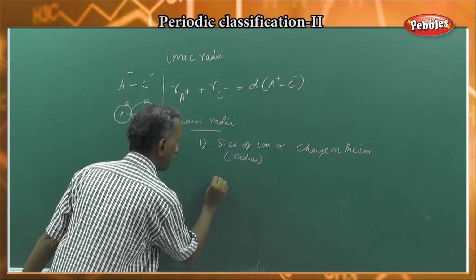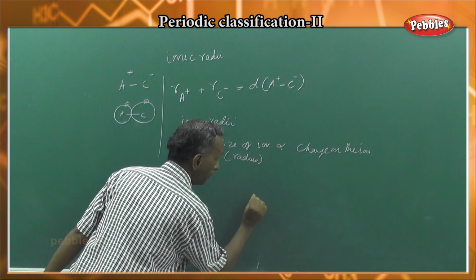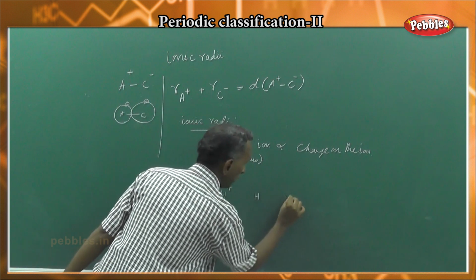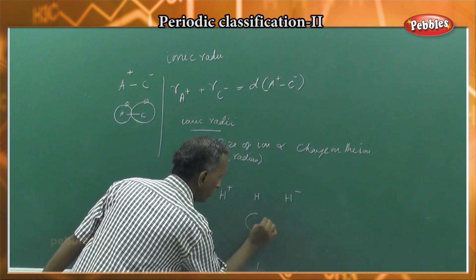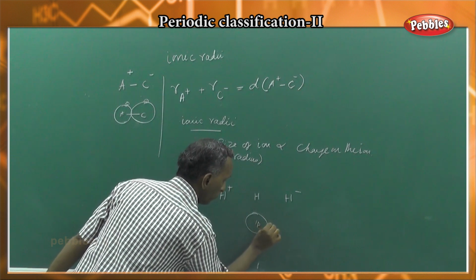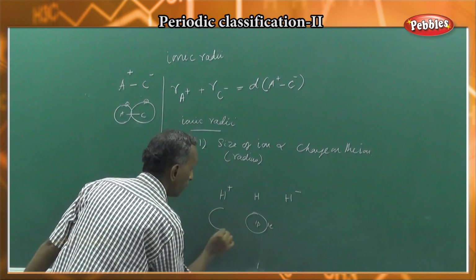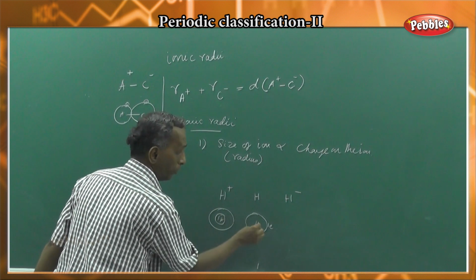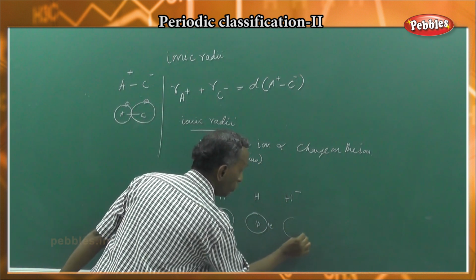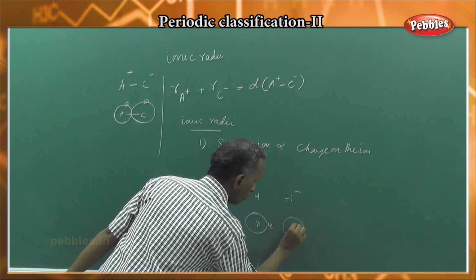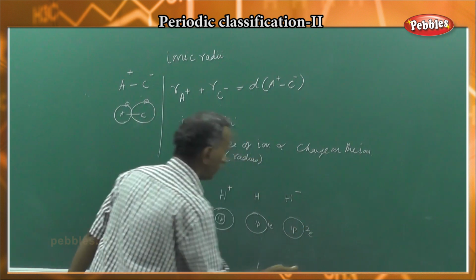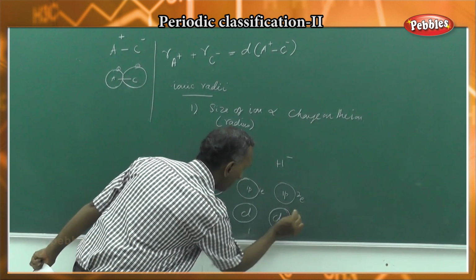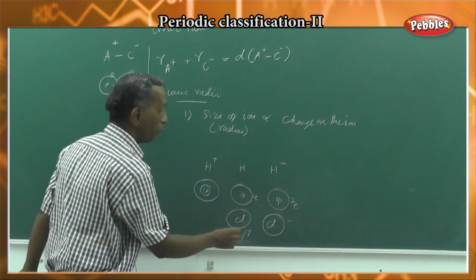For example, let us consider three species of the same element, hydrogen plus, hydrogen, hydrogen minus. Now hydrogen has 1 proton and 1 electron only. In hydrogen plus there is only one proton, only the nucleus, no electron at all. But hydrogen has one electron. In H minus there is one proton and 2 electrons. Similarly if we compare Cl, Cl minus: Cl has atomic number 17, that is totally 17 electrons.